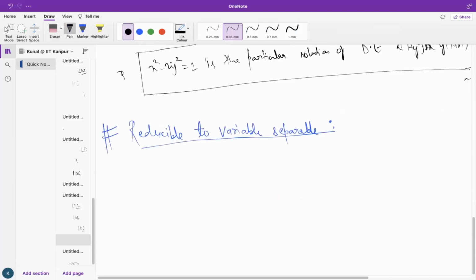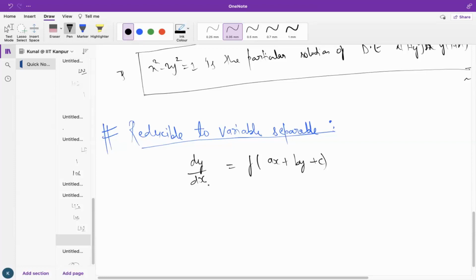It will be nothing but dy by dx is equal to f of ax plus by plus c. So if our dy by dx is given as a function of ax plus by plus c, we can reduce it to the form of variable separable, right?